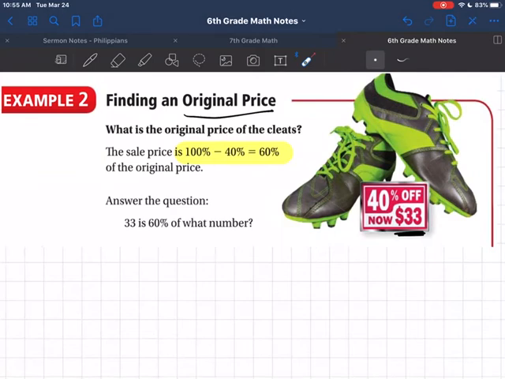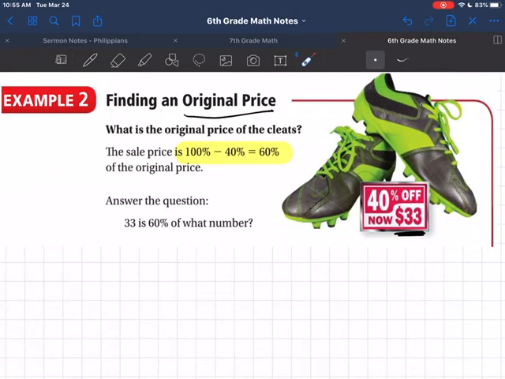The original price minus your discount is how much $33 is. So you have your original price, you have your discount, and 60% is what this $33 is of the whole original amount. Does that make sense? Whole is 100%, okay?